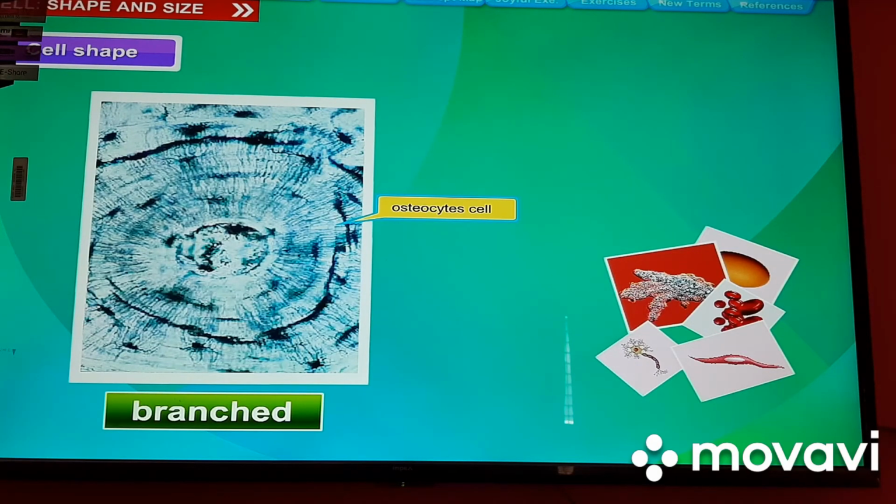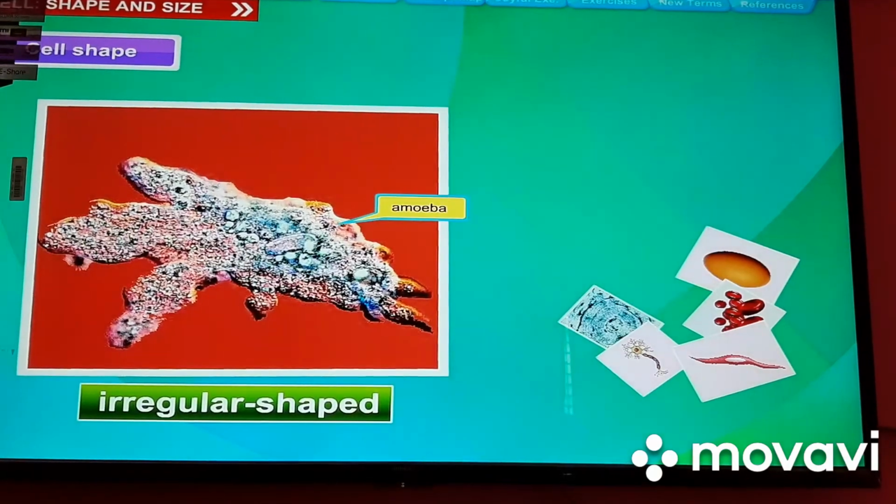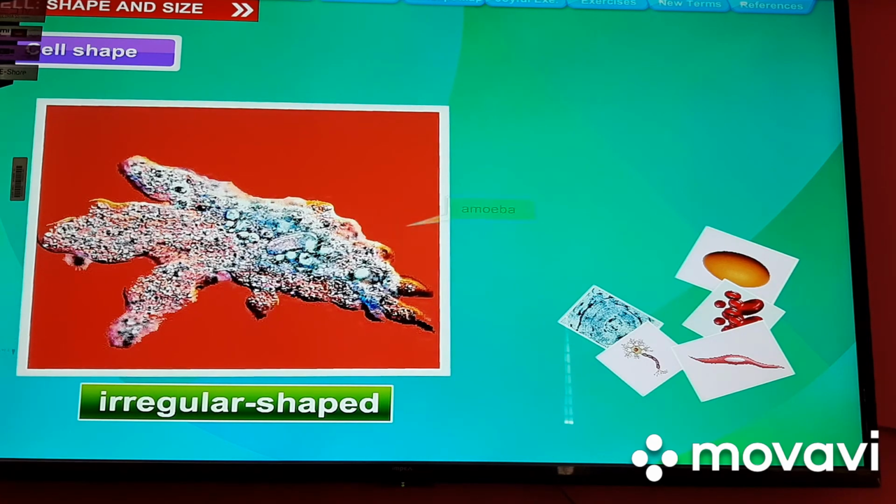Some cells may not have a definite shape: amoeba, white blood cells. The shape of a cell helps in its functioning. For example, a nerve cell is very long and has wire-like projections coming out of it. These projections help the nerve cell carry messages to all parts of the body.